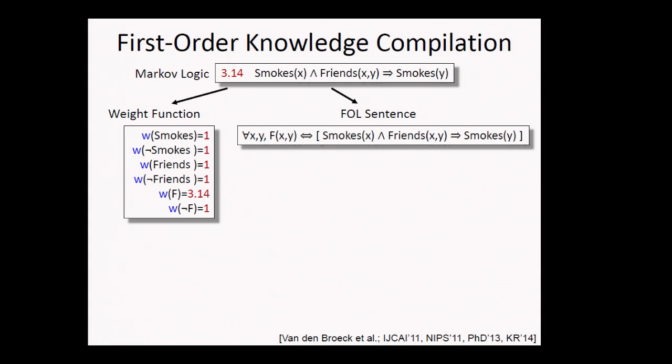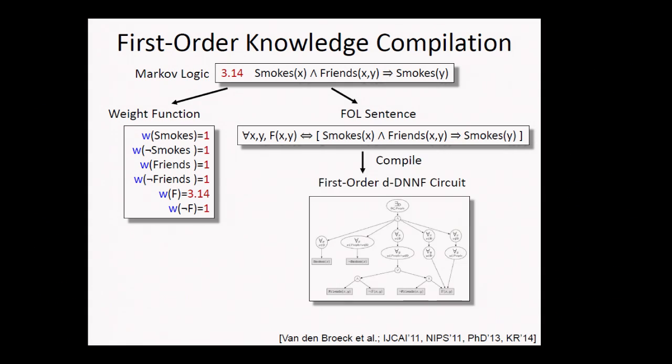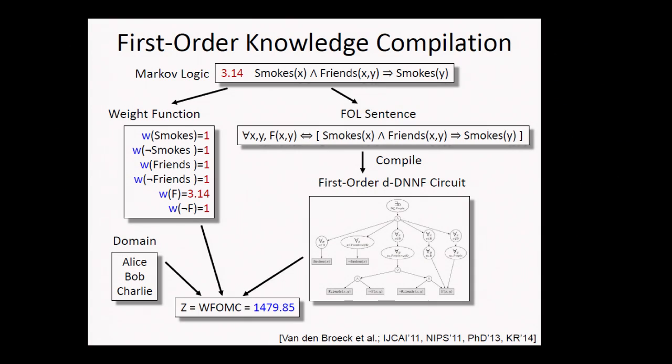And then this algorithm that I developed in my PhD thesis compiles this sentence into an efficient circuit language. And now, given this circuit language, this weight function, and a certain domain of people, we can compute this weighted first-order model count efficiently. And this corresponds to the partition function of your graphical model, if you know about those.